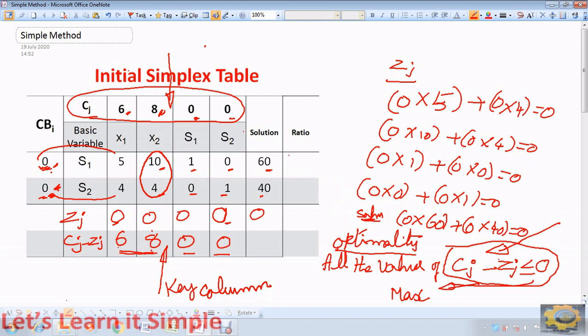Now in the ratio, what we need to do is divide the solution by the elements in the key column. That is 60 by 10 for the first constraint, which amounts to 6. For the second constraint, the solution is 40 and the value in the key column is 4. So 40 by 4, which is equal to 10.